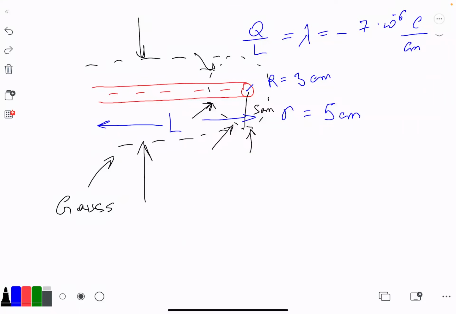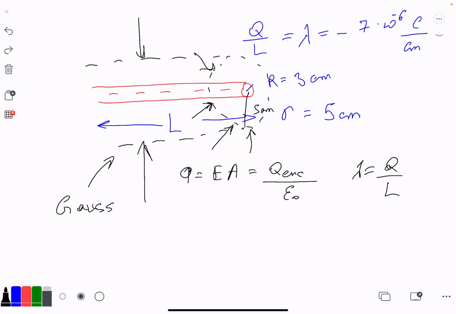Now, flux is equal to EA, correct? Which is also equal to Q enclosed inside this rod divided by epsilon naught, right? We also know that lambda is equal to Q over L. Now, how can you find the area of this Gaussian surface when r is equal to 5 centimeter?